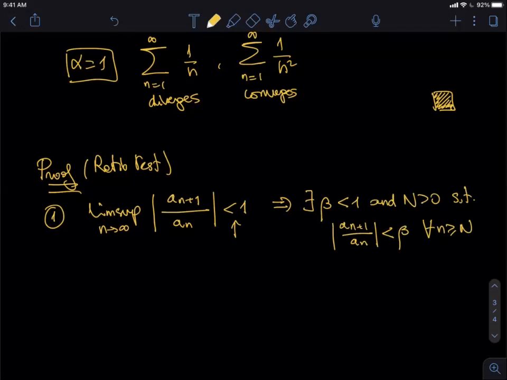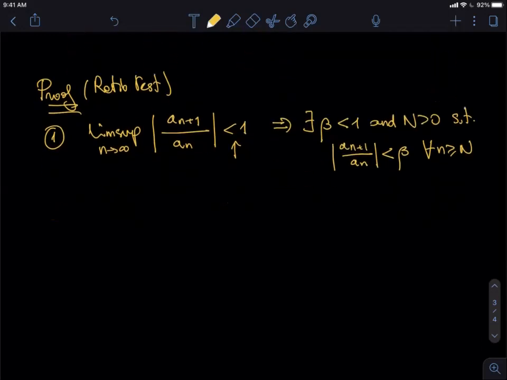Probably it would still be good if I put less or equal, but let's keep it with less. So this means a_{n+1} is less than beta a_n, and this is for all n bigger or equal than N.